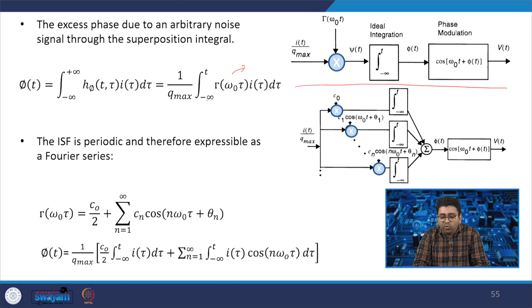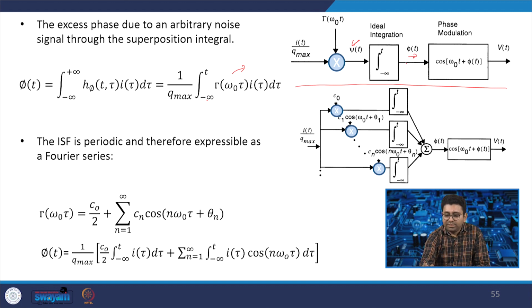So, i(t) by q max is an input, gamma(omega naught t), which is the impulse sensitivity function, is an input, which will generate the function xi(t), and when there is an integration over time, it will provide you the phase phi.